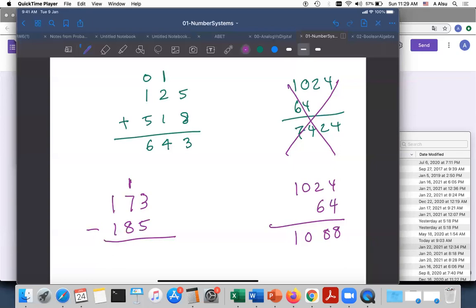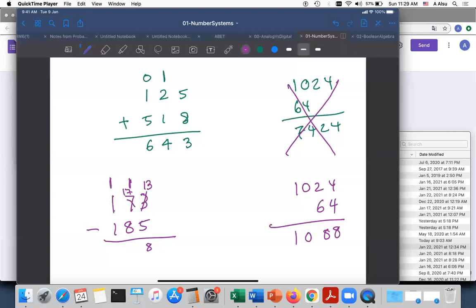This one will become what instead of 3? It will become 13, right? So 13 minus 5 is 8. And then 7 minus 8 doesn't work again, so we have to borrow 1 from here. So this becomes what?